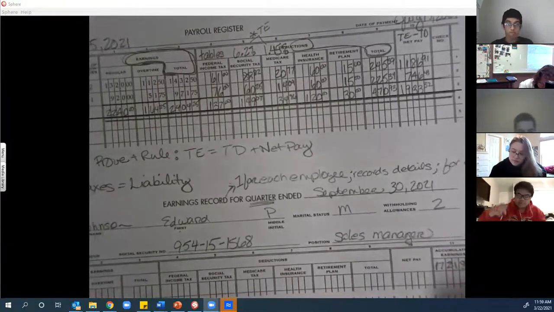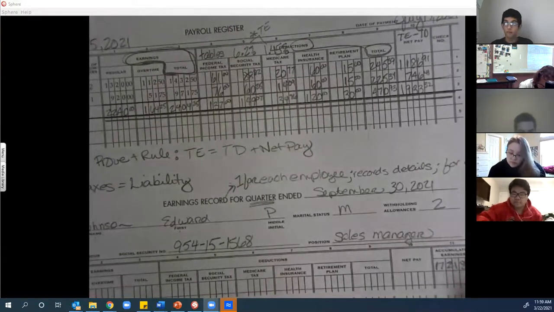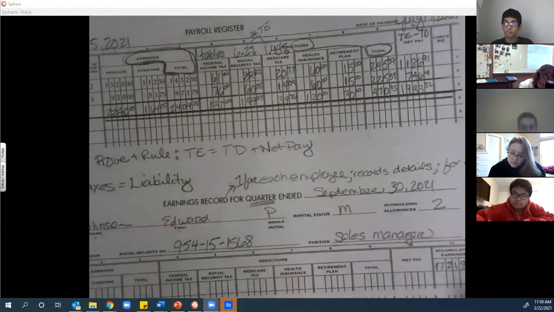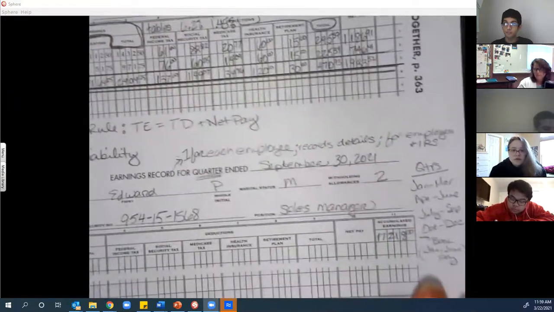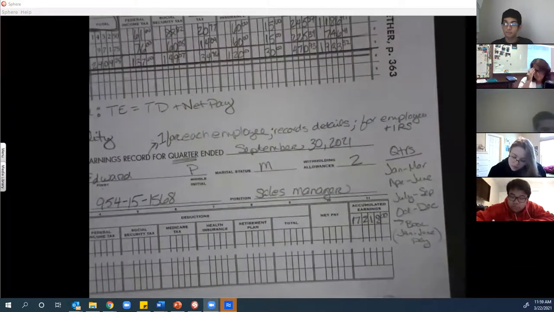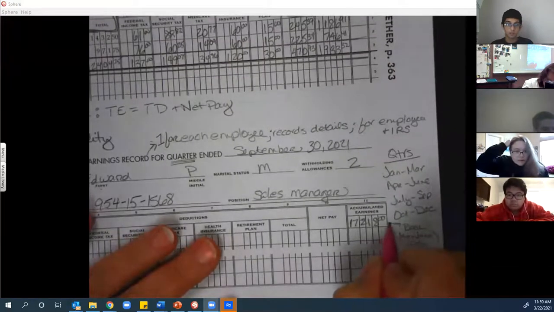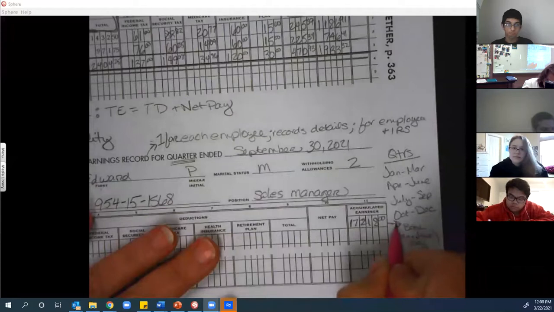That came from the book, but it's basically January through June's pay. That's what the accumulated earnings is.